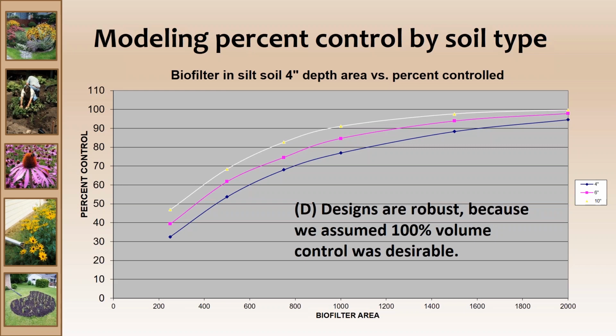So we say, okay, I want a number like 60% control, and you can see that's the first dot on the red line, and the rain garden is only about 400 or 500 square feet. But as you want more and more control, all the way up to 100%, the rain garden is 2,000 square feet. So it's very important you decide what you want.